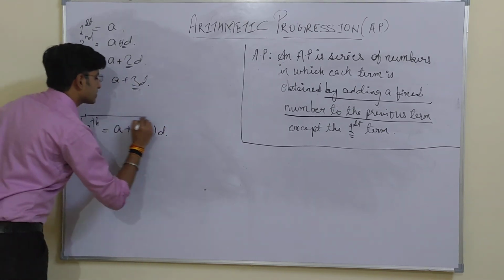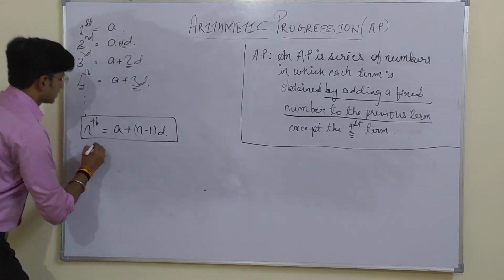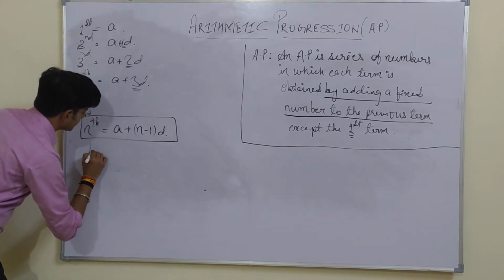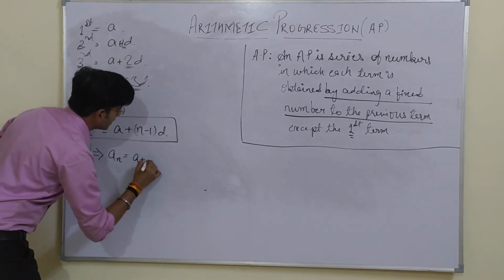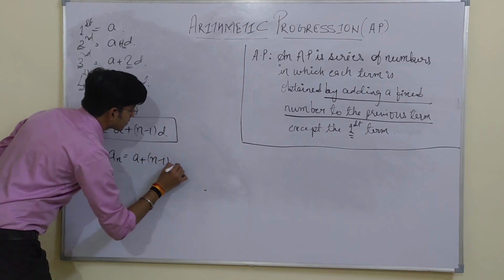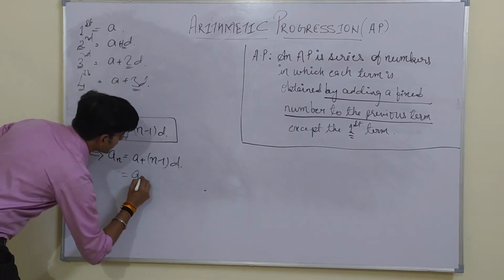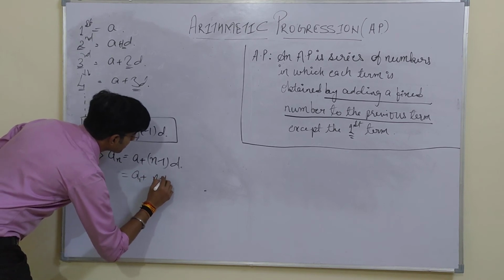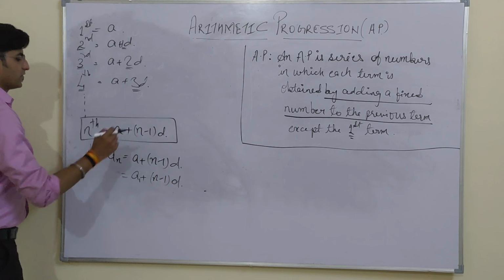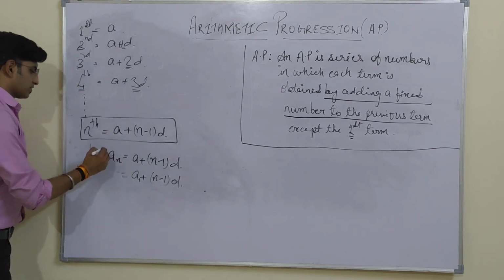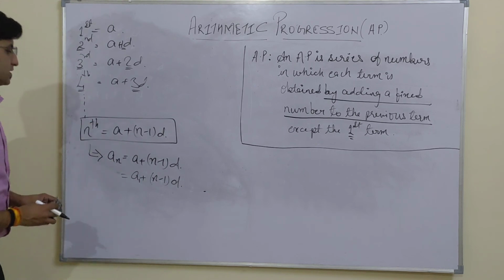Hence this constitutes the nth term of the sequence. The nth term is denoted by an, which is a plus (n minus 1)d, or it can be written as a1 plus (n minus 1)d, a1 being the first term of the sequence. So this is how we derive the nth term of the sequence.